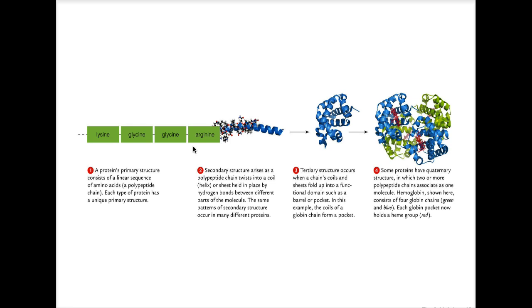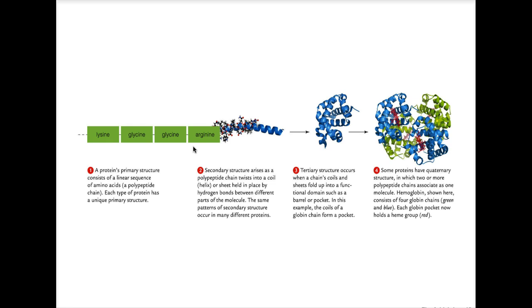Let's say you have a group of amino acids that have R groups that are nonpolar. They're going to hide from the watery environment of the cell. So the tertiary structure starts to make pockets and three-dimensional shapes that start to determine the functional nature of the protein. And in fact, some proteins stop there at that level of folding.